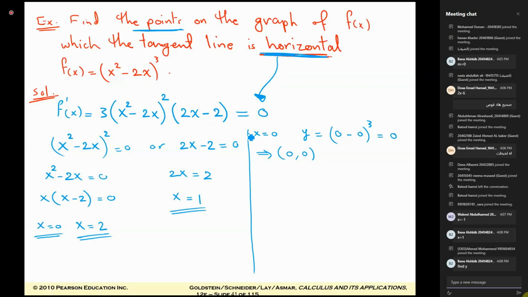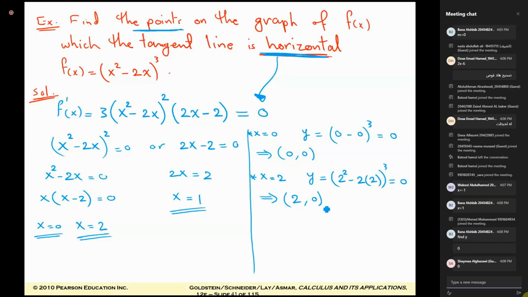The second point, x equal 2, y equals what? Substitute x in the f of x to find the y. We have 2 square minus 2 multiplied by 2, all to the power 3. This is equal to 0. So the second point is 2 and 0.